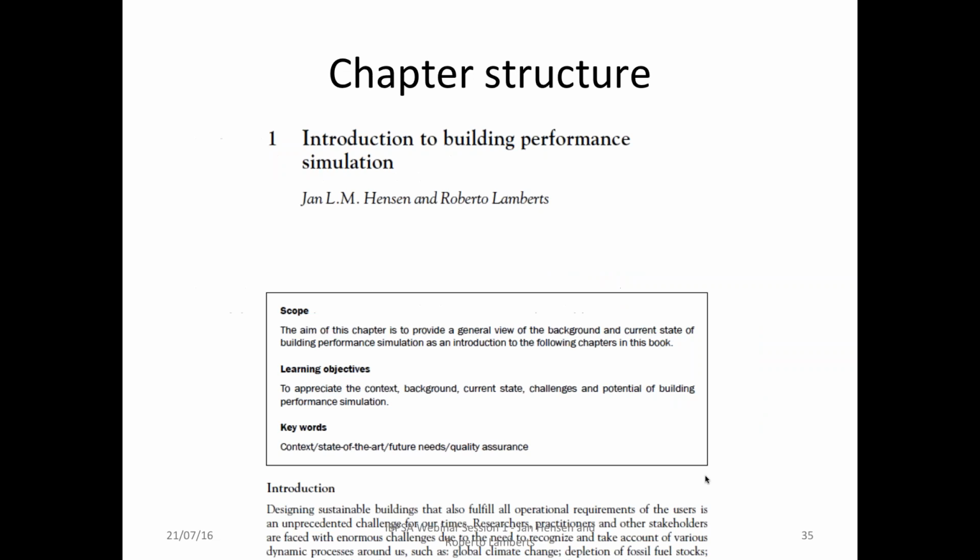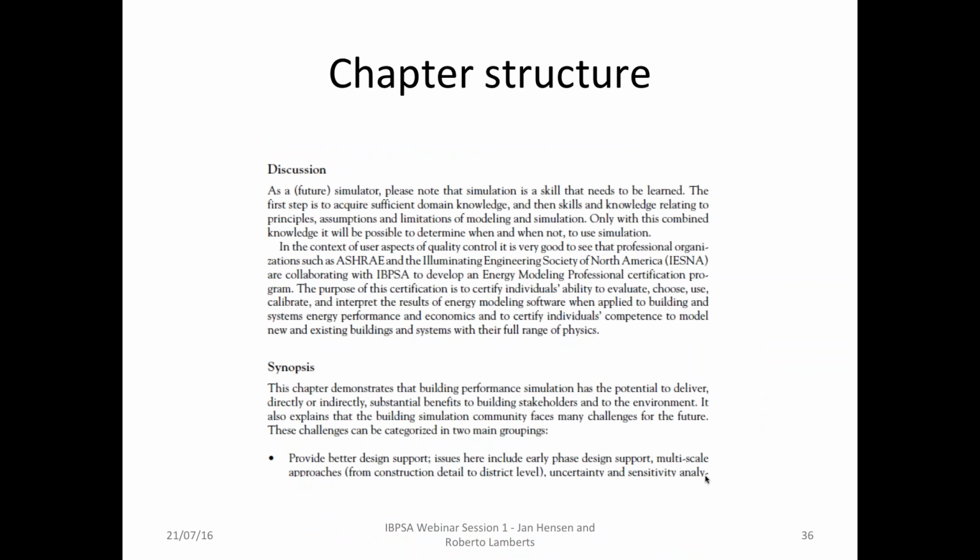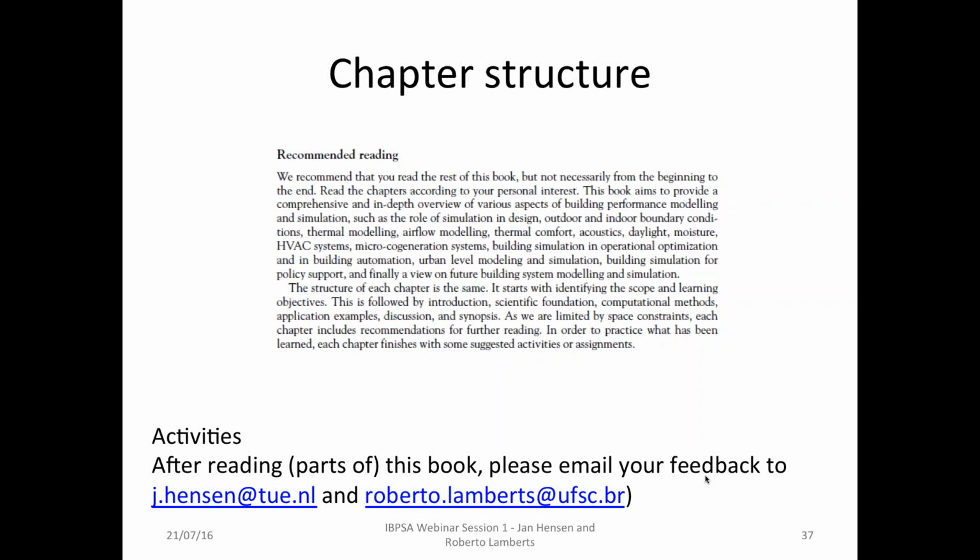So the book chapters have a common structure. To give you an example, we have here the introduction. We normally start with the scope, learning objectives, keywords, then we go to introduction, discussion, a synopsis, and then we end up with recommended reading.